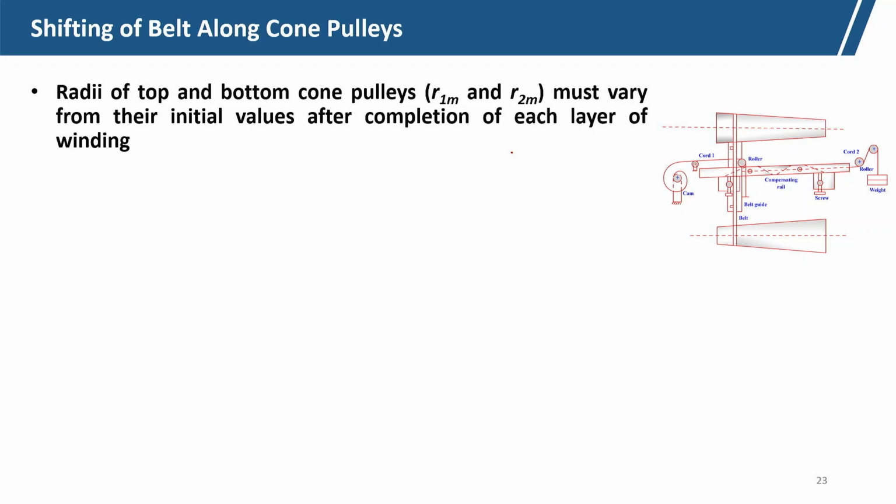So, tan gamma is equal to R maximum minus R minimum divided by the length of the cone pulley.